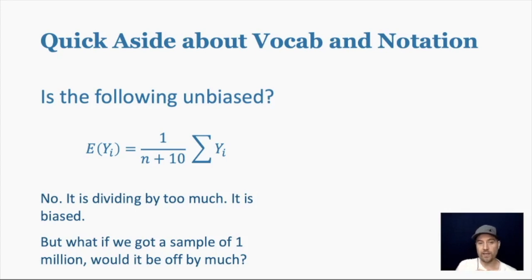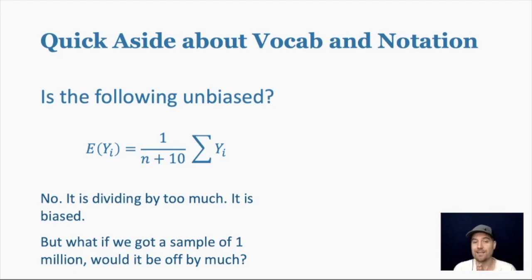If we get a huge sample, let's say 1 million, then it'd only be off by 10. We'd divide by 1,000,010 instead of 1,000,000. That's not going to be off by a whole lot. Hardly noticeable, but it's still biased.